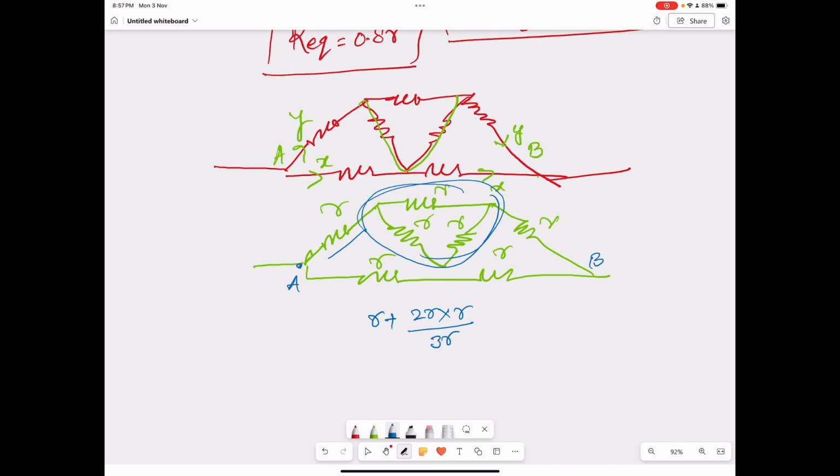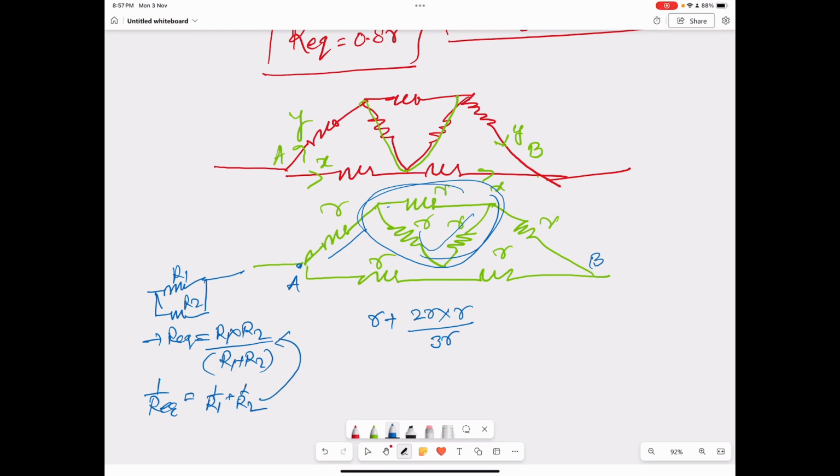This is in series, so 2R into R divided by 3R. How have they used the formula? There are two resistances which are connected in parallel, R1 and R2. Then the equivalent resistance Req is nothing but R1 into R2 divided by R1 plus R2. Actually, if you solve this, 1 upon Req will be 1 upon R1 plus 1 upon R2. So the same formula will come.